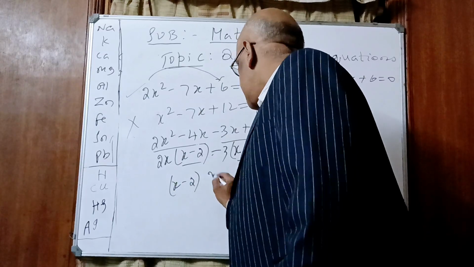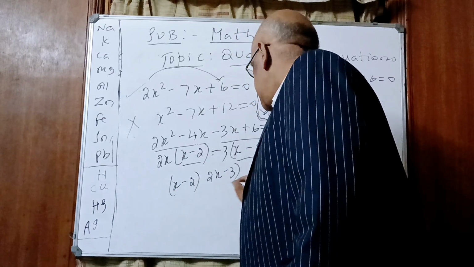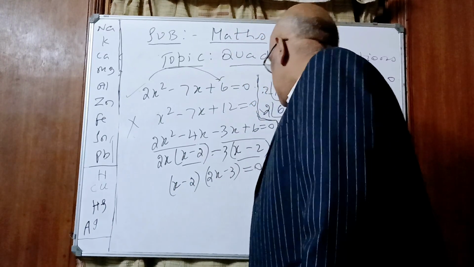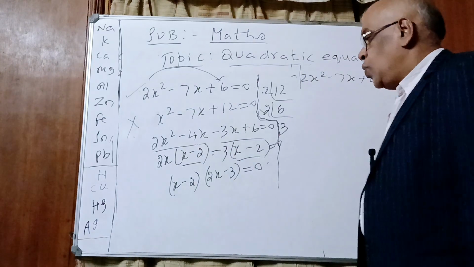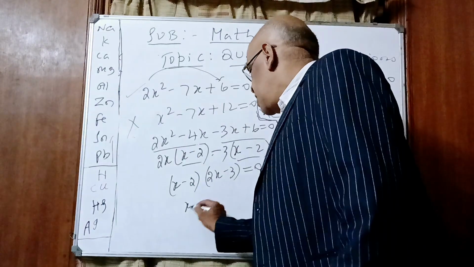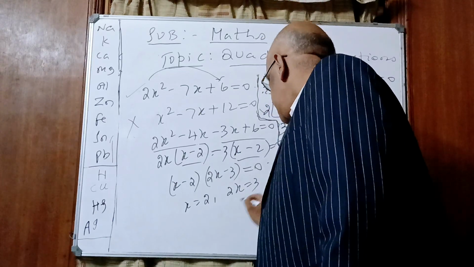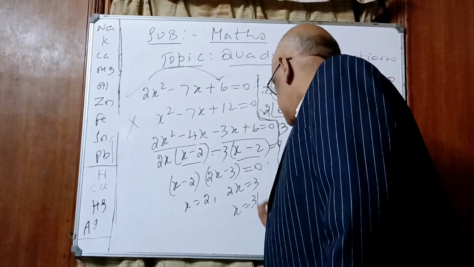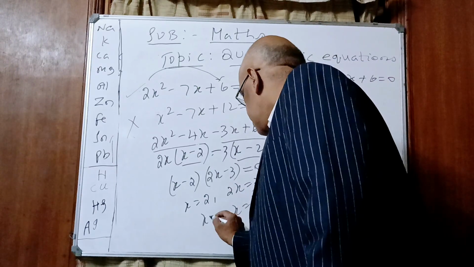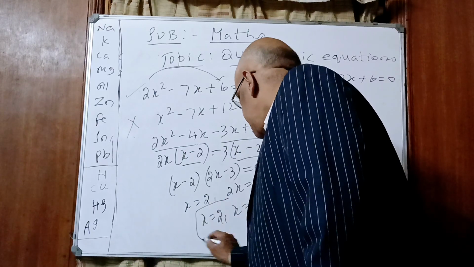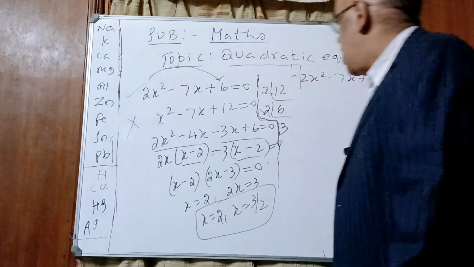Which is the other factor, children? 2x minus 3 is equal to 0. What do we get here? x is equal to 2, 2x is equal to 3, x is equal to 3 by 2, and x is equal to 2. One is alpha, one is beta.